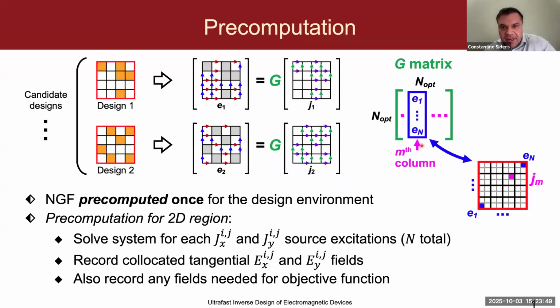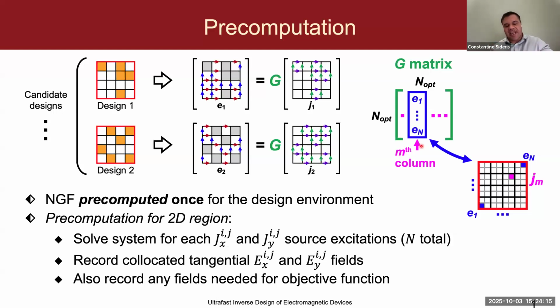So how does the precomputation work? Well, the numerical Green function that I mentioned, the NGF, needs to only be precomputed once for a given design environment. So if I have a particular layered substrate for a chip and I'm trying to design a matching network, or I'm trying to design an antenna on a printed circuit board, and I want different types of antennas, then I only have to do this pre-simulation, this pre-computation step once.